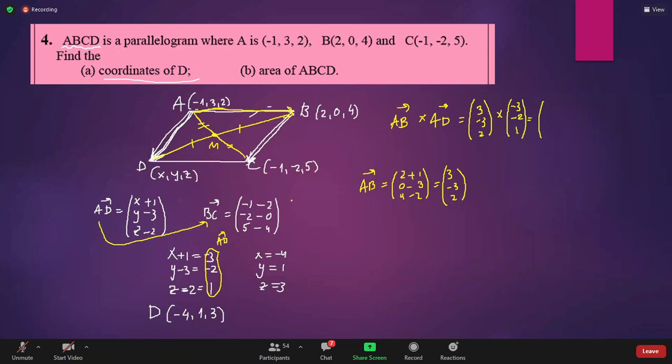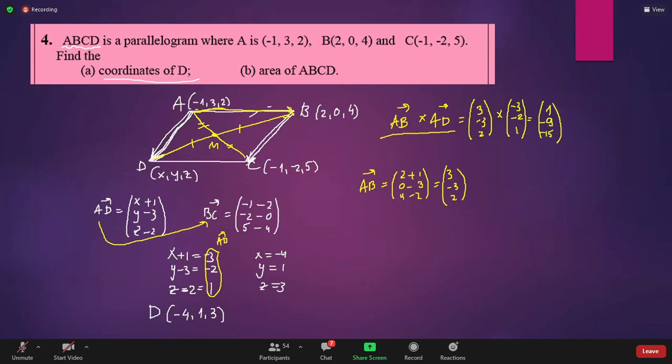Ignore middle coordinates, you get 3 minus -6, that is 9, but have to change the sign. And finally, ignore the third coordinates, -6 minus 9 is -15. So that's the vector AB times AD.